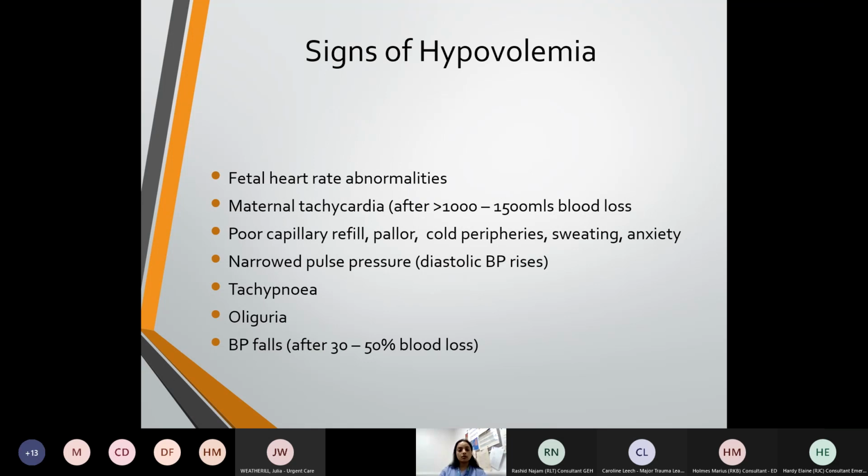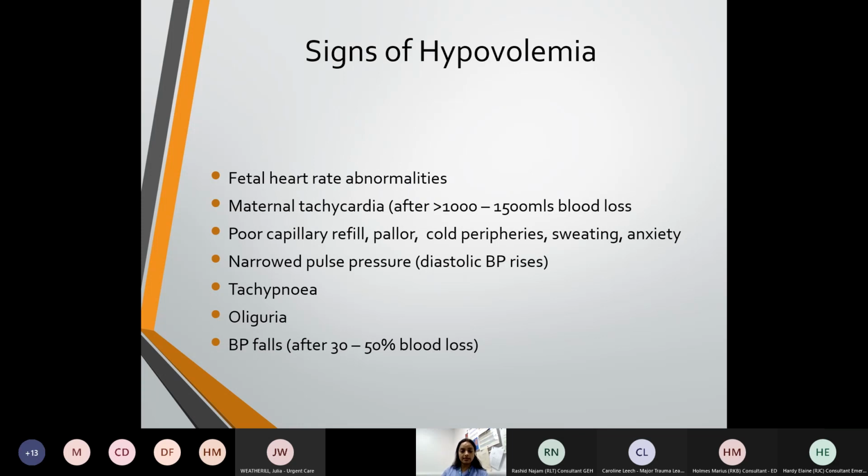So the learning is, if a baby is of a viable gestation, the earliest sign of hypovolemia would be that the baby will show you signs of being distressed, because when the mother is not well, the placentofetal circulation gets compromised. That's the first thing that could happen, and hence the fetal heart abnormalities could be very, very early on that you might be able to pick it up.